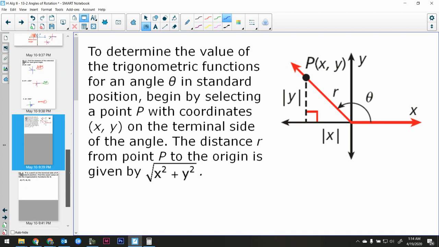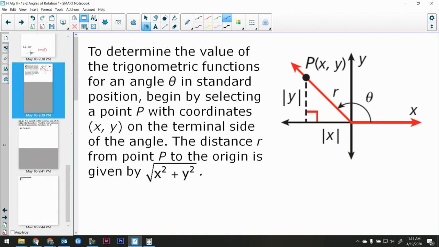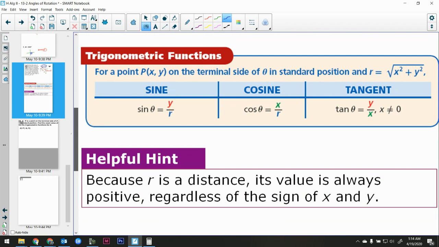If I gave you any coordinate in space, you could figure out the trig values for the reference angle. And again, you're going to see in section 13.3 why that's really important. I can reason through what the reference angles are, and given the reference angle, find the trig ratios for it.